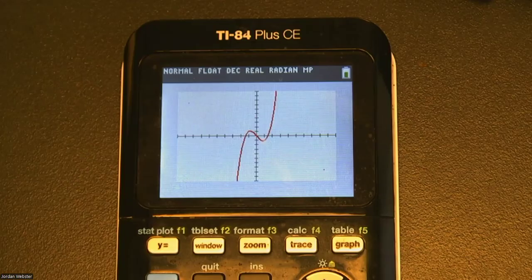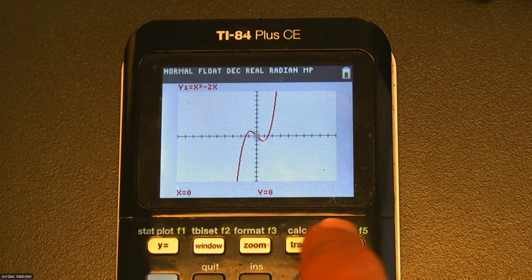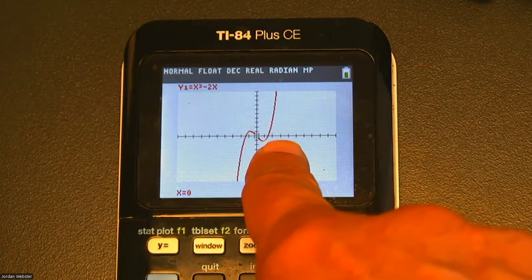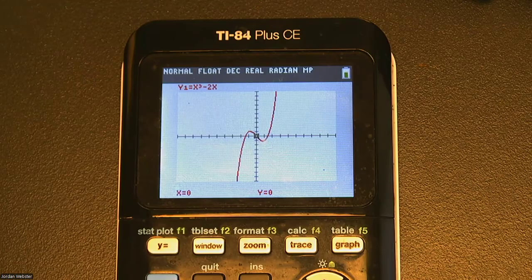All right. So this is the first one, x to the third minus 2x. There's a horizontal line, specifically the x-axis, that crosses this graph in multiple places. So this is not one-to-one, it fails the horizontal line test.